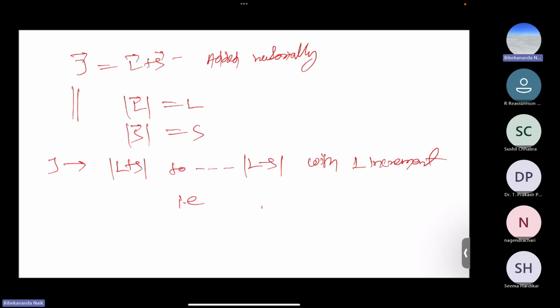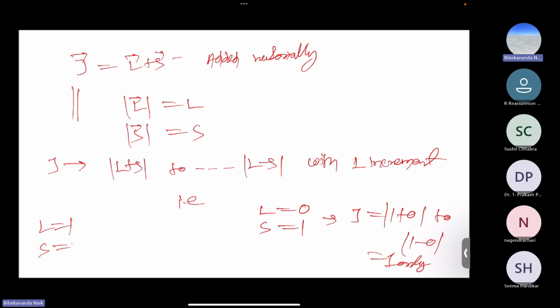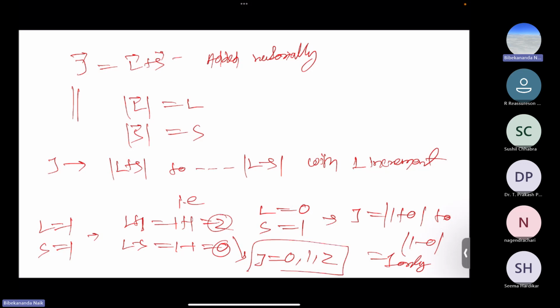That is, if L is equal to 0 and S is equal to 1, then J will be 1 plus 0 to 1 minus 0, which is 1 only. But if L is equal to 1 and S is equal to 1, then L plus S is 1 plus 1, 2, and L minus S is 1 minus 1, 0. So the value of J will be 0, 1 and 2, that is L plus S, which is 2, to L minus S, which is 0, with 1 increment. That is 0, 1, 2. So this will be 3 values.